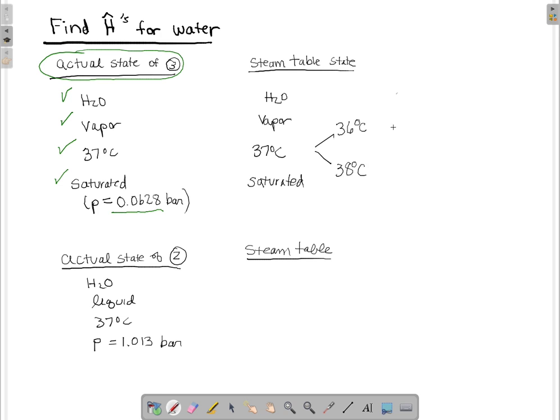The enthalpies are 2567.2 joules per gram and 2570.8 joules per gram. So if you interpolate those, basically take the average of these two, because 37 degrees is smack dab in the middle, we find out that the specific enthalpy of water in stream 3 is 2569.0.